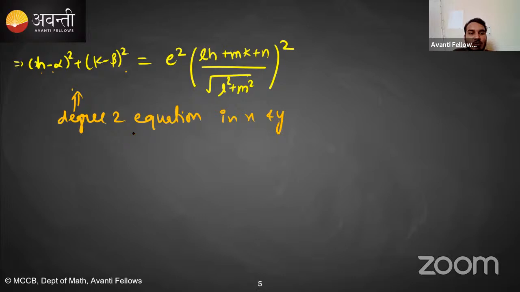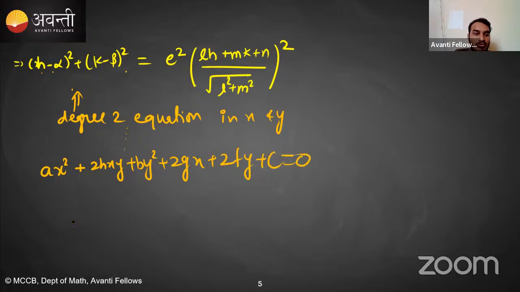When we solve this, we get an equation with a term in x square, a term with xy, so 2hxy, plus by square plus 2gx plus 2fy plus c is equal to 0.